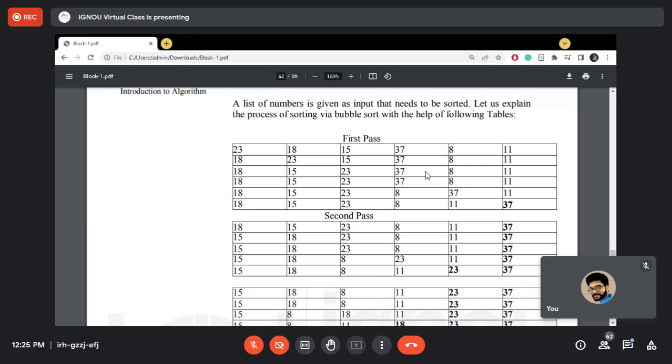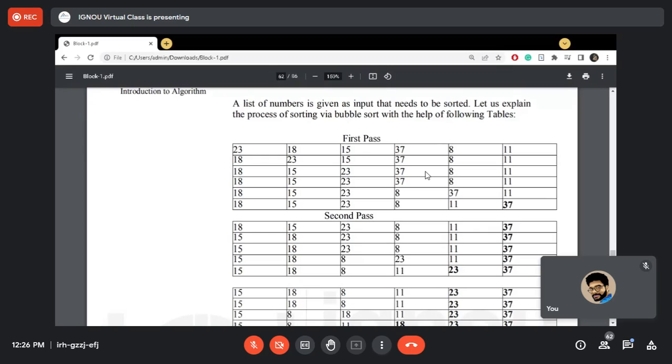Now we have to compare the second position with the third position, that is, this index value with the adjacent index value. So 23 and 15. 15 is less than 23, so we have to swap both values. 15 here and 23 here. Again, we compare the third position value with the fourth, 23 and 37.